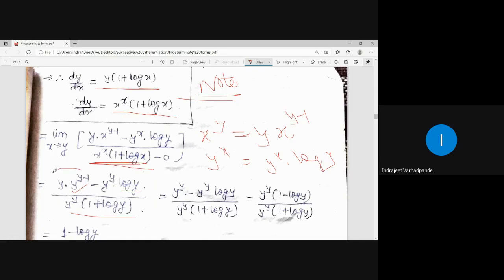Bases are same, powers will be added. y to the power 1 into y to the power y minus 1 is y to the power y only, with the help of the laws of indices.